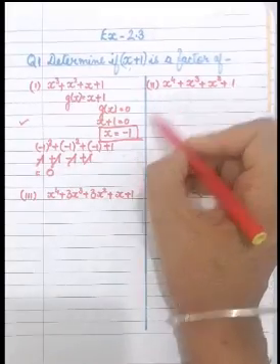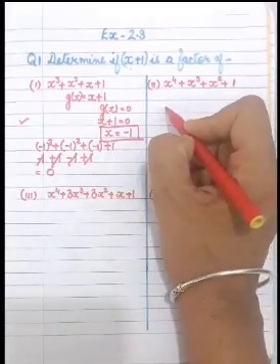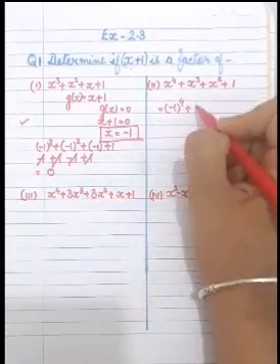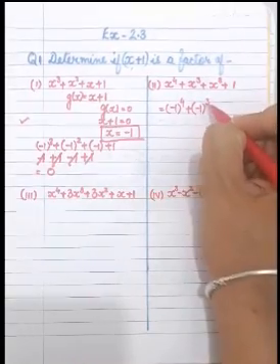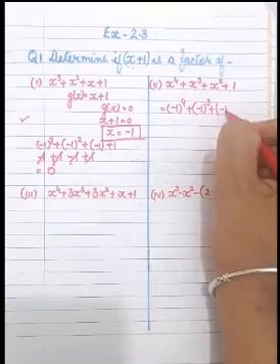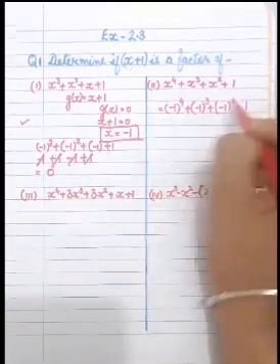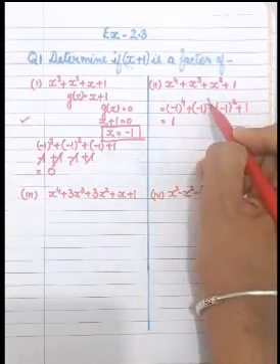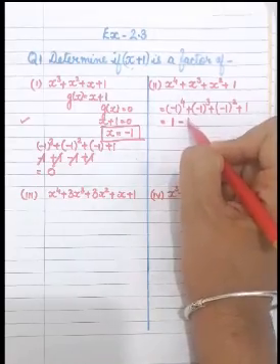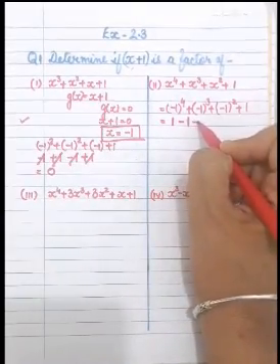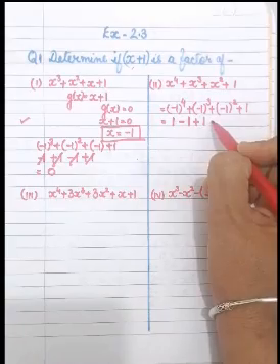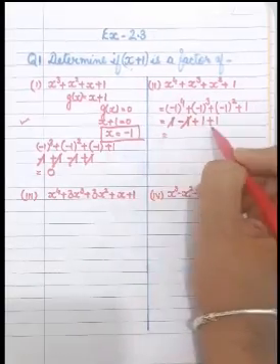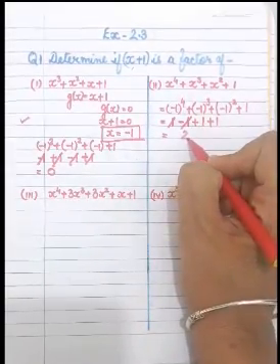Now let's check the second part. Again, by putting the value x as minus 1, I get (minus 1) power 4 plus (minus 1) power 3 plus (minus 1) square plus 1. As it is an even power, it will make it positive 1. As it is an odd power, it will make it minus 1. Even power plus 1, and then plus 1. So this cancels, and I am left with 1 plus 1, which gives me 2.